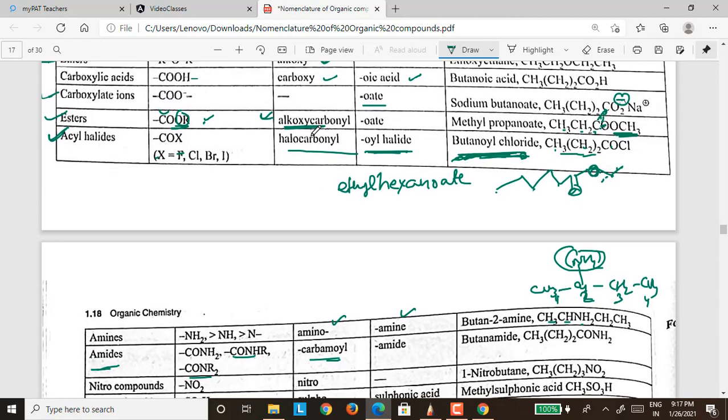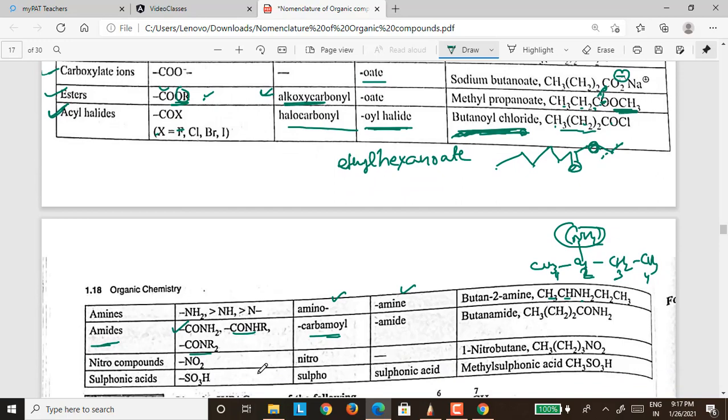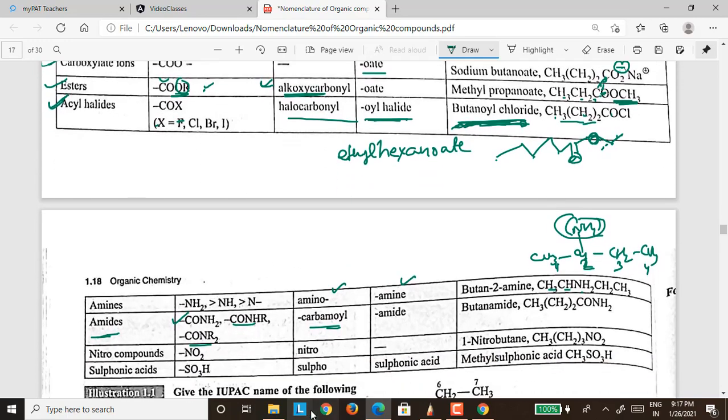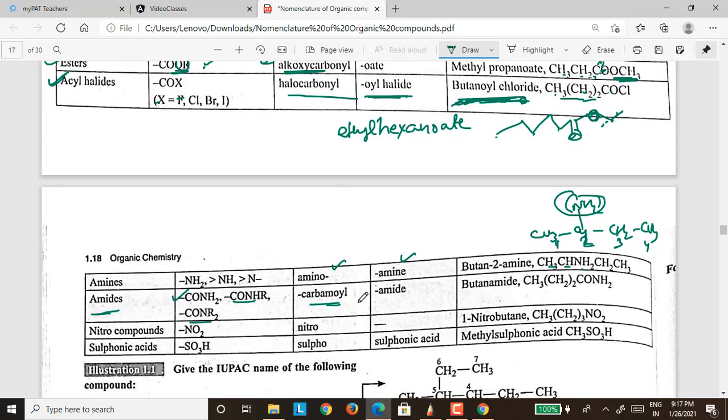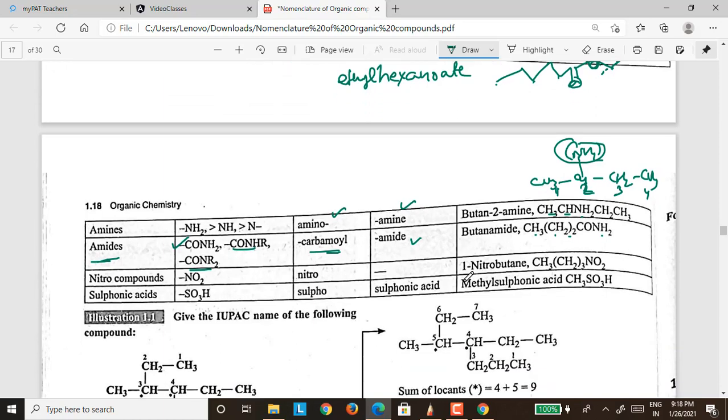These two names you give in prefix: alkoxycarbonyl, then carbamoyl. If amide is the main functional group as suffix, we can make butanamide, CH3CH2CH2CONH2. This is called butanamide because four carbons are there. Butanamide.